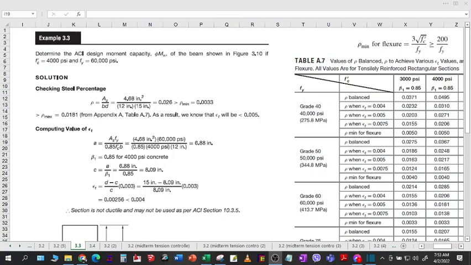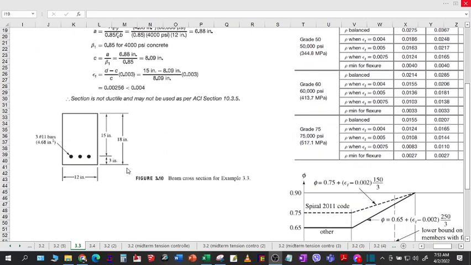Sample problem 3.3. Determine the ACI design moment capacity Mn of the beam shown in the figure if fc' is 4,000 psi and fy is 60,000 psi. This is the beam.